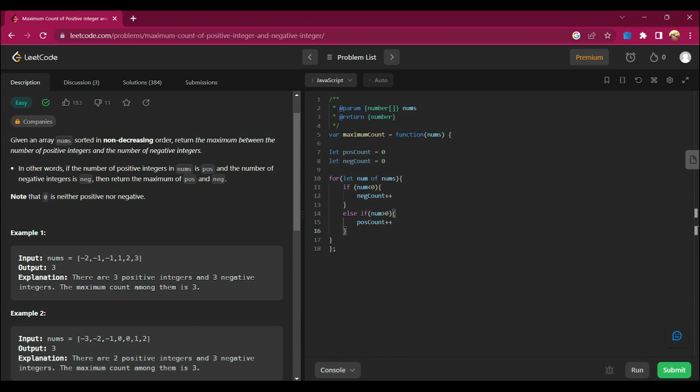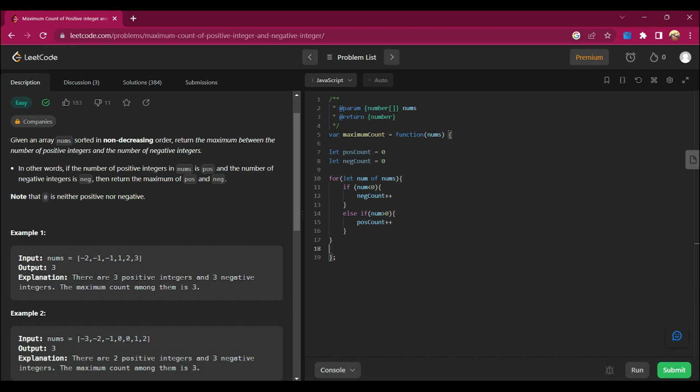What will nums be here? Nums is this array, the whole array. And what will num be? These are -2, -1, -1, 1, 2, 3, if we talk about example number 1.